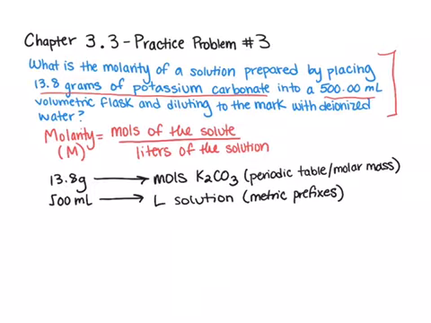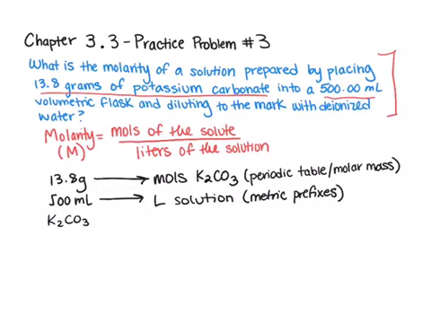So the first thing I'm going to do is convert grams into moles. And to do this, I need to find the molar mass of K2CO3. To find the molar mass, I need to add the masses of each individual atom, potassium, carbon, and oxygen, that are on the periodic table.